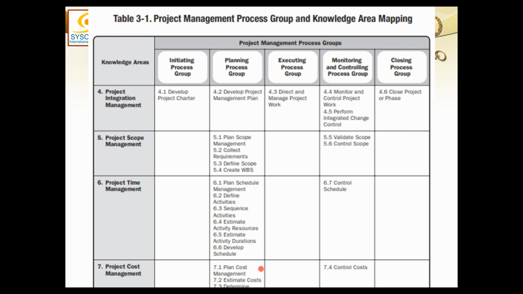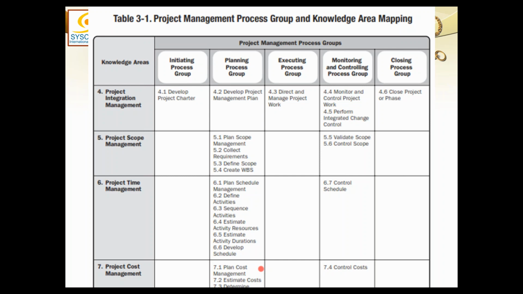For example, when we are developing the schedule management plan, we are just laying out the rules for schedule management. We do not know which are the activities because we have not yet identified them, but it will contain instructions about how to define activities, identify them, sequence them, estimate them, and ultimately how to develop a Gantt chart.